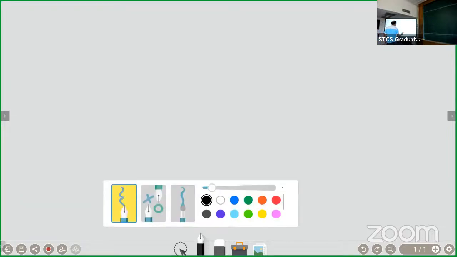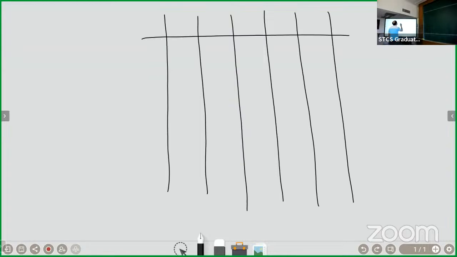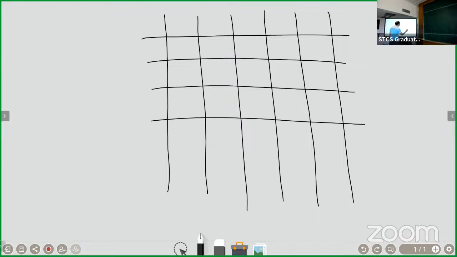Okay, so now let's just start. Think about the usual two-dimensional integer lattice. All these are my nodes.